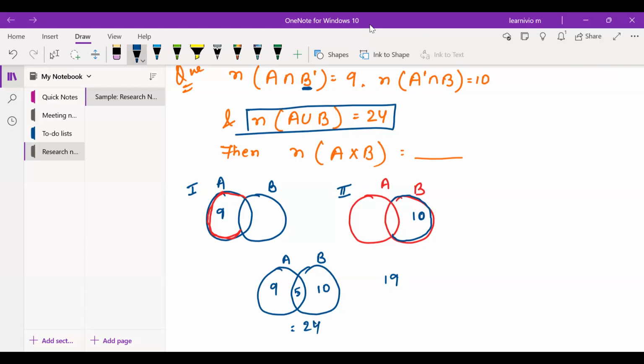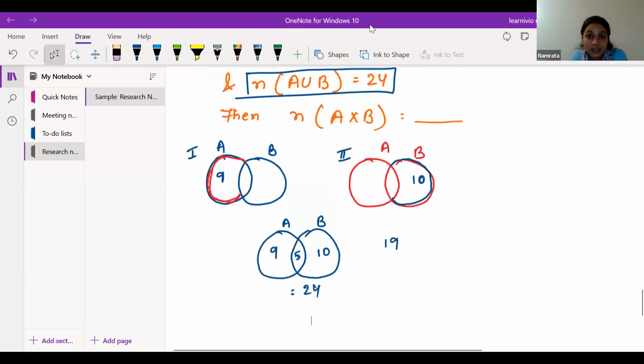What we do? We have to multiply the number of elements in A and B. Which two numbers will we multiply? You are on the right track.